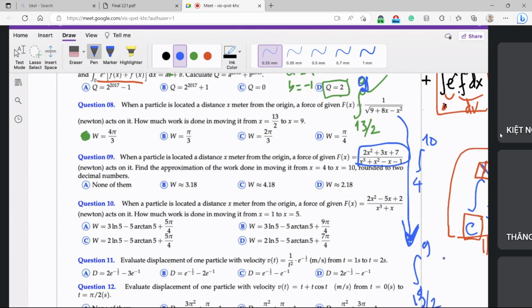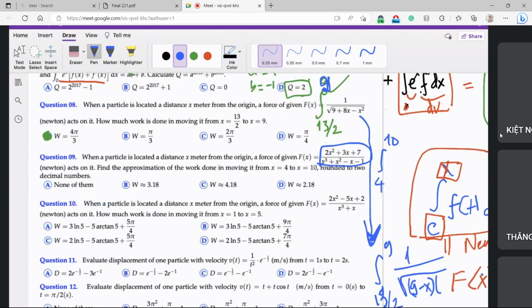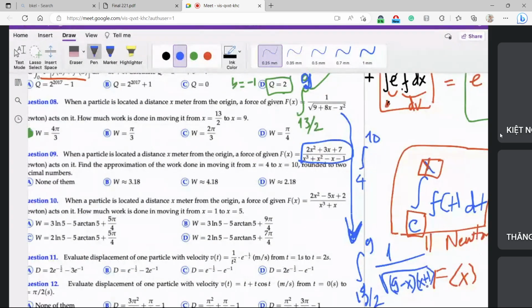But in this case, you can evaluate it because you can easily find it. It's 9 minus x times x plus 1. Can you see that, class? Yes or no?